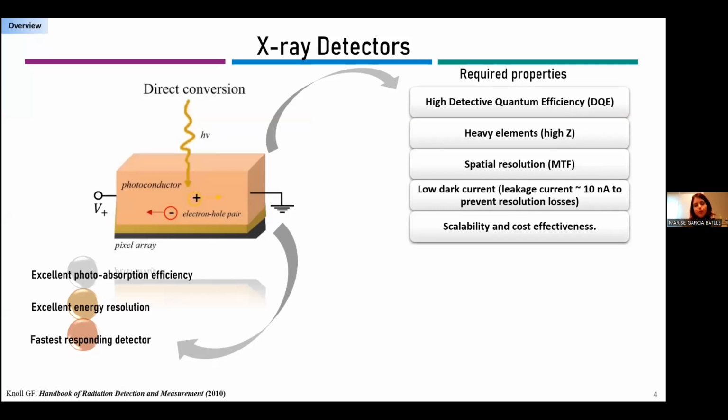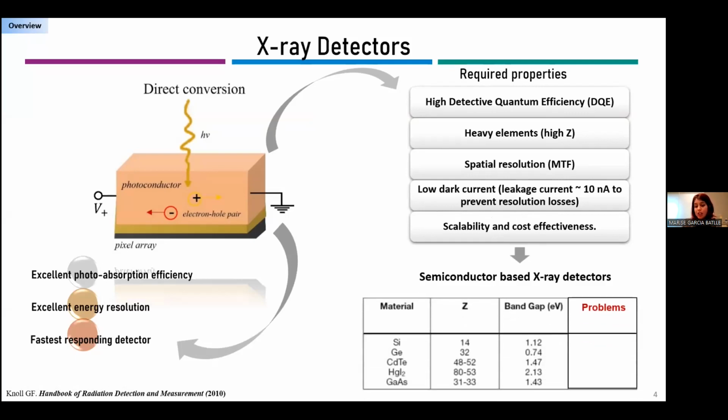We also need to minimize the cost and to scale up these products. But low dark current is one of the main, mandatory properties that we need to fulfill for these devices.